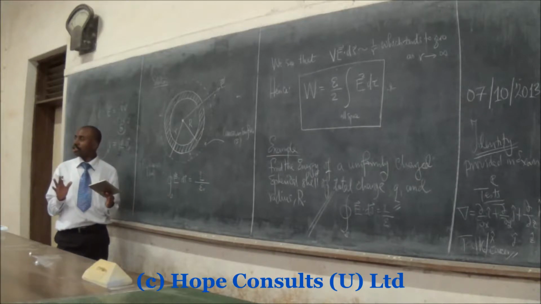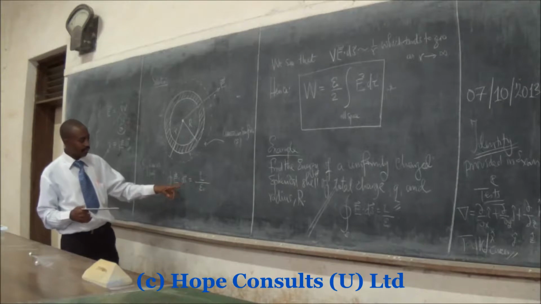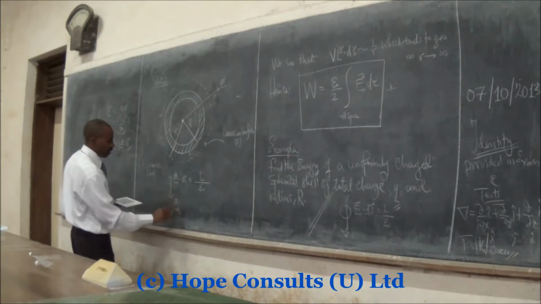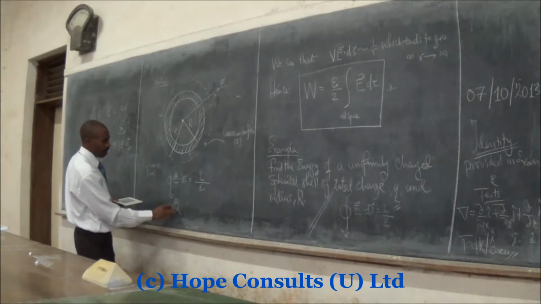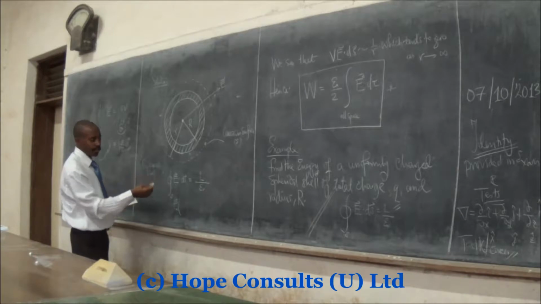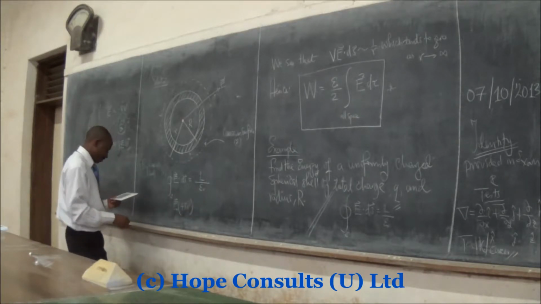What changes is the area of this surface, which is the surface area of the spherical Gaussian surface, 4 pi small r squared.